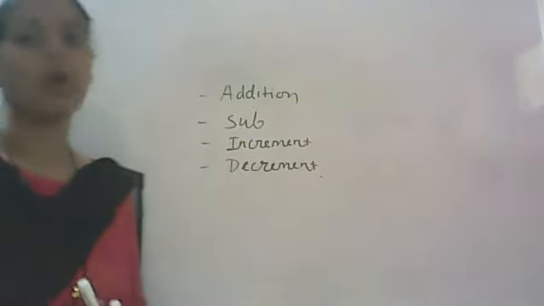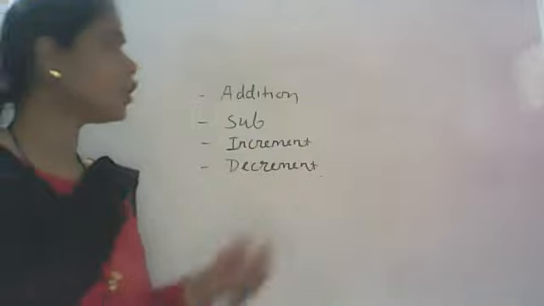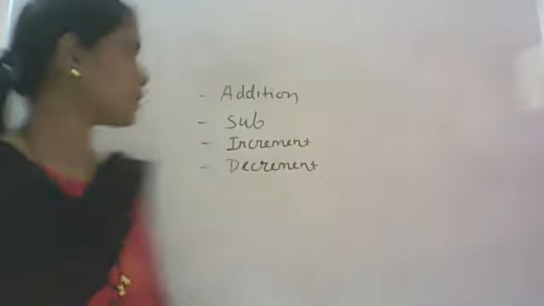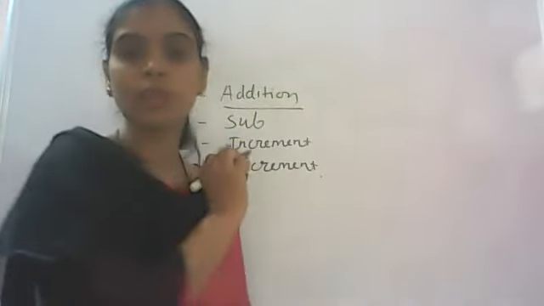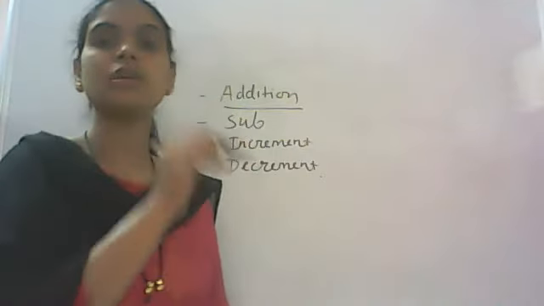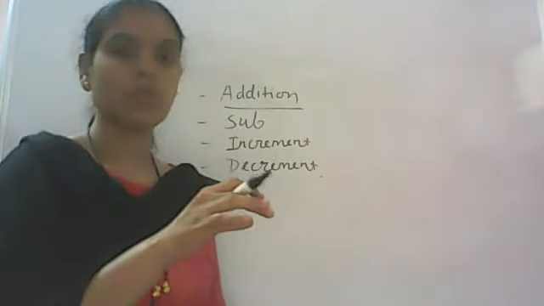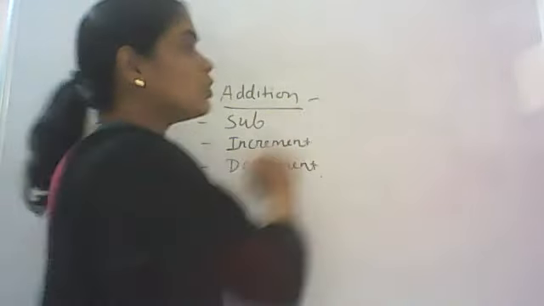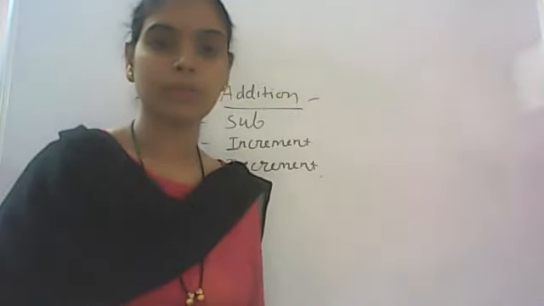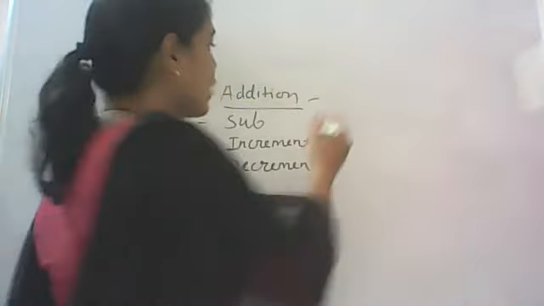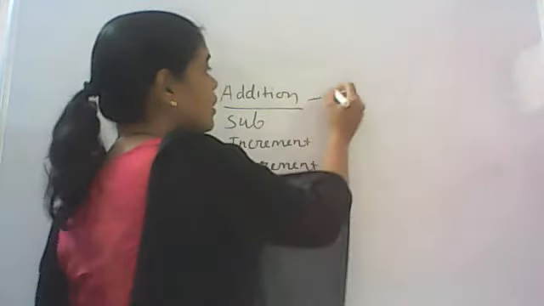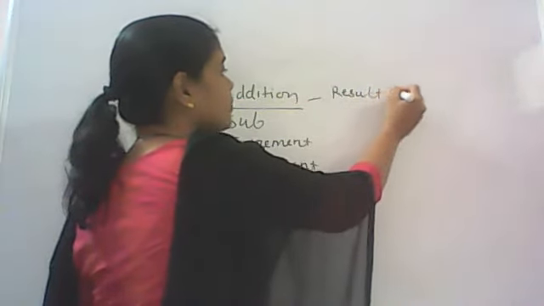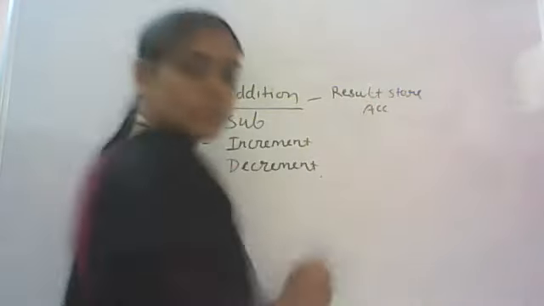In addition, any 8-bit number or the content of a register or the content of a memory location can be added to the content of the accumulator. The result is stored in the accumulator.